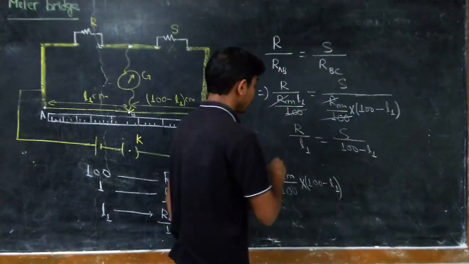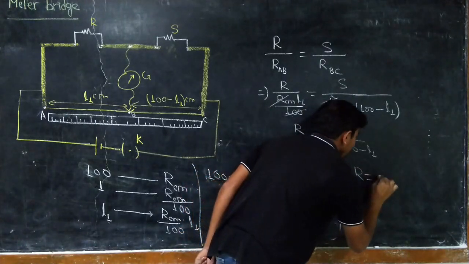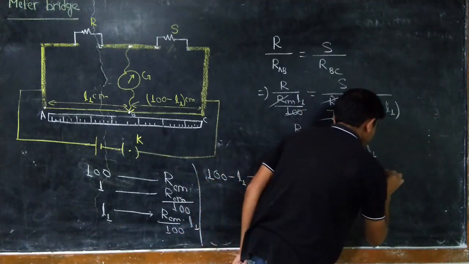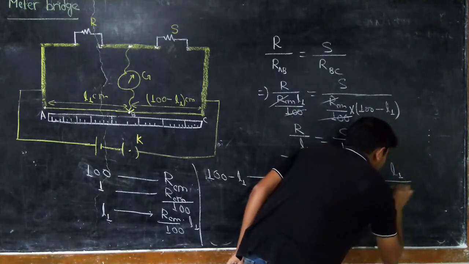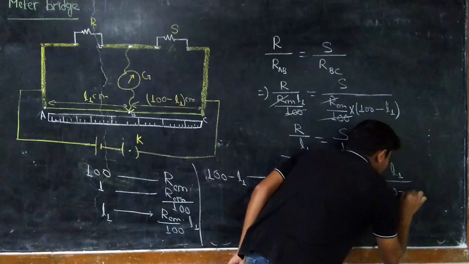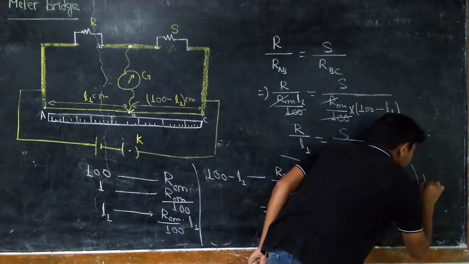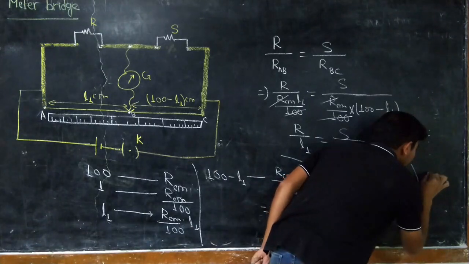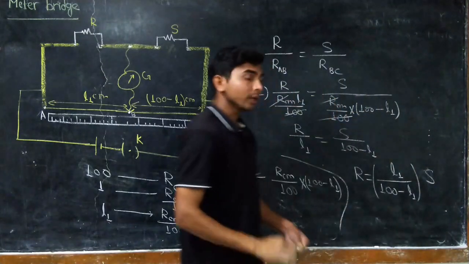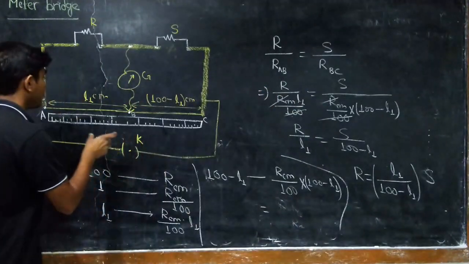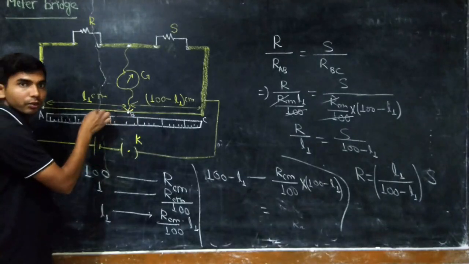So further you are able to write R is equal to L1 by 100 minus L1 into S.